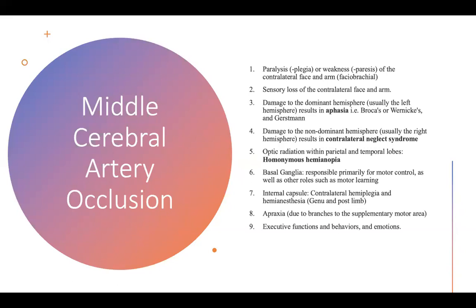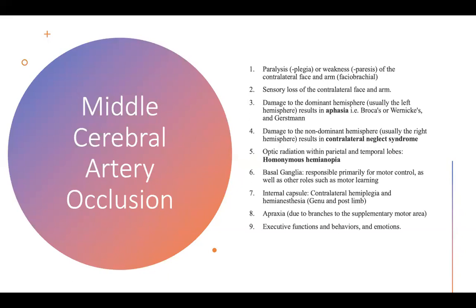Okay, that means the language areas that are working in me are on the left side. So if I get an MCA infarct on the left side, I will have aphasia. But if I get an MCA infarct on the right side, which is the non-dominant side, I will have hemi-neglect syndrome. You flip this when patients are left-handed.